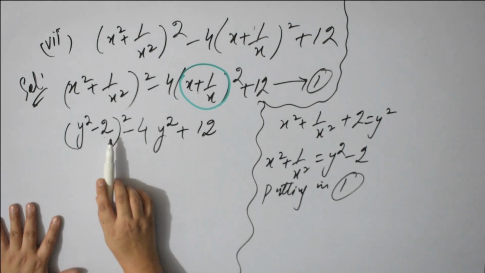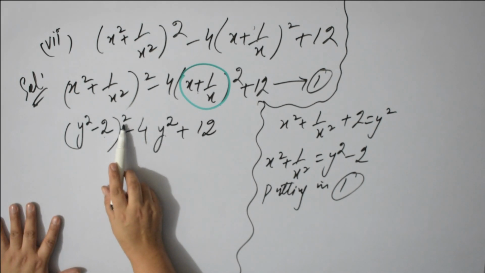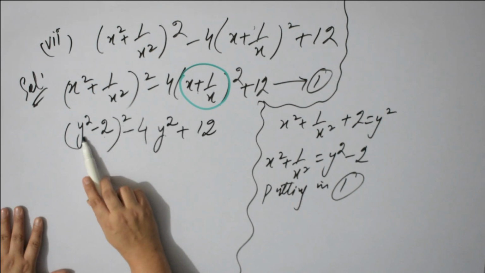Now what do we have? Now I am going to open this square using the formula a minus b whole square.